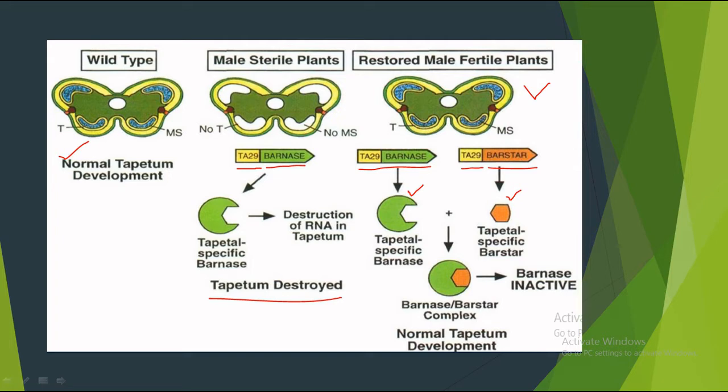Barnase is inactive. So Barstar is causing the Barnase to inactivate, and there will be normal tapetum development. So the plant will be fertile, as the Barnase product can't do the work that it was doing here, destruction of RNA. So here there will be normal tapetum, and the pollen will get the nutrition and it will be male fertile.